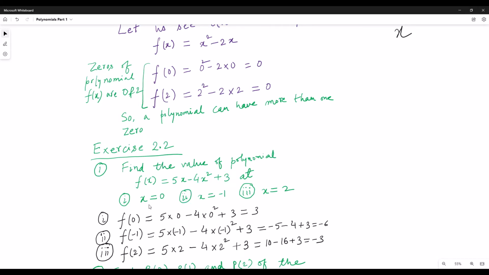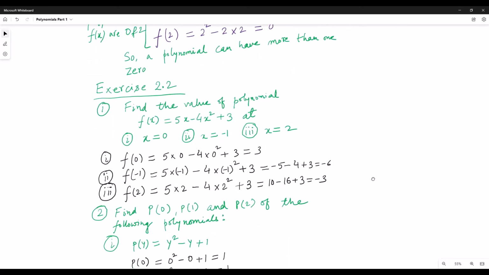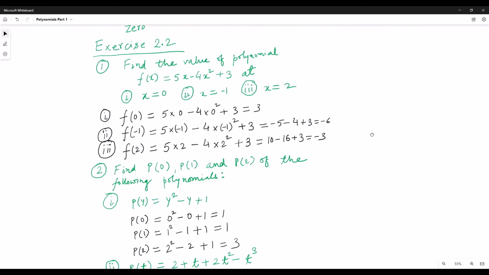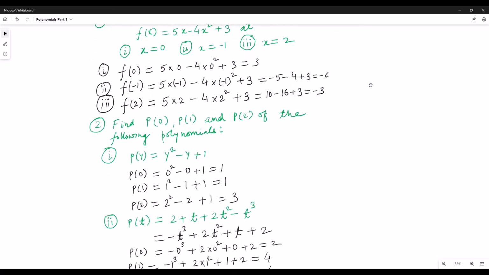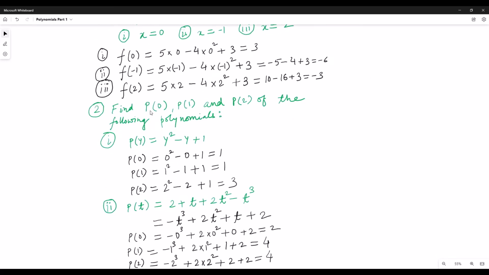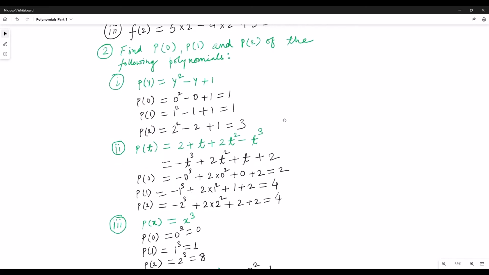We will put the value of x as 0 in this expression and find out the value. This is simple. Find p(0), p(1) and p(2) of the following polynomials. So for all the polynomials we have to put the values 0, 1 and 2 in place of the variable. If you need help you can see this.